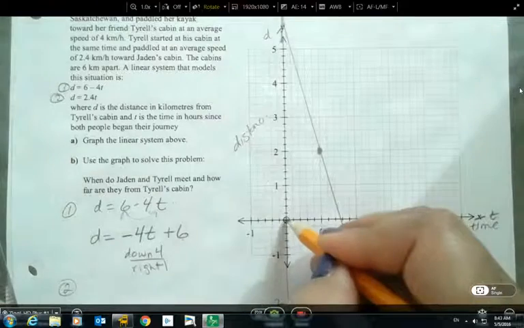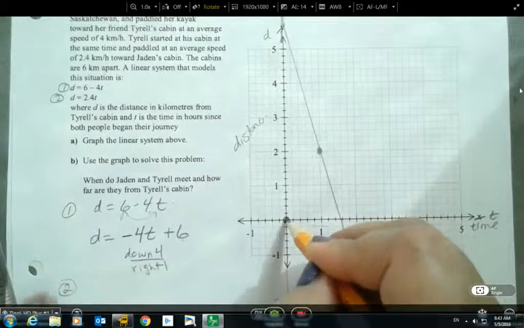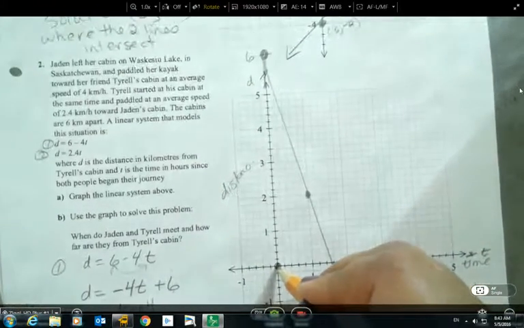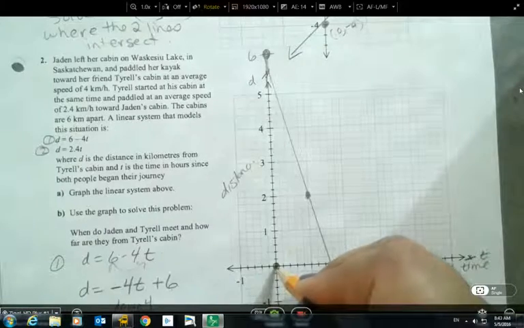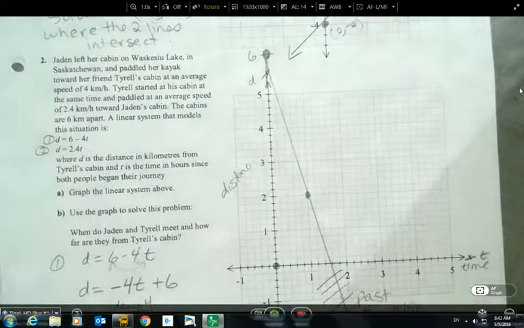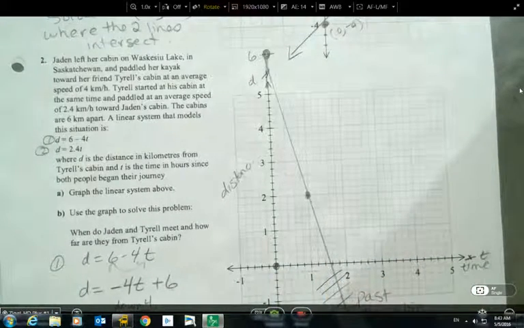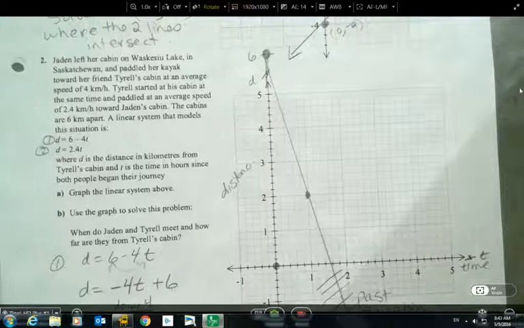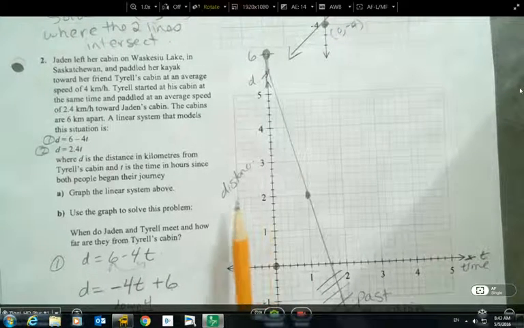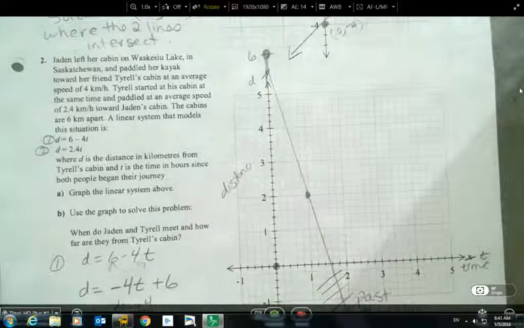So that means that I start right here and then I go up 2.4 for every 1. Now, what is 2.4? Can I convert that to a fraction and get a better idea of what the slope actually is? It's like 12 over 5. So if I go up 12 every 5 over, I can do it that way, but that's not going to fit nicely on my graph.